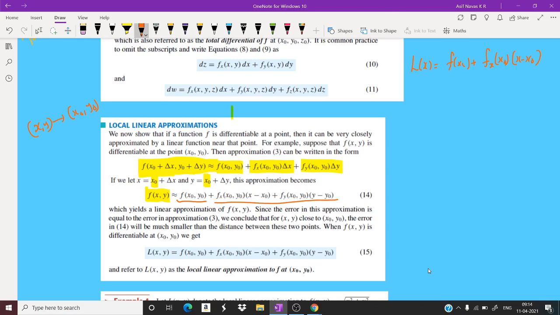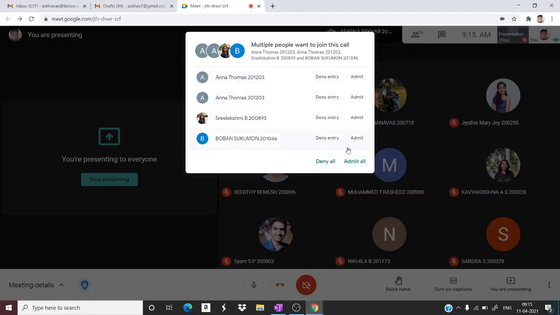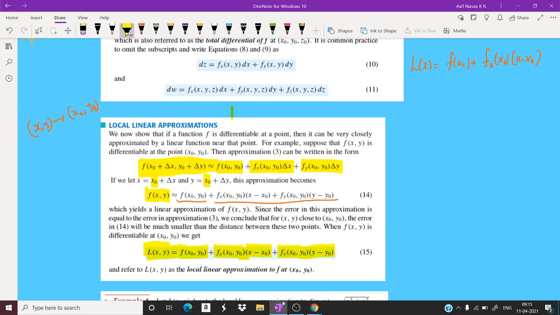So the local linear approximation, that means a value near x naught y naught, we can represent by L of xy. L of xy is equal to f of x naught y naught plus fx at x naught y naught into x minus x naught plus fy at x naught y naught into y minus y naught. So any value near the point x naught y naught of a function f can be approximated using this value.